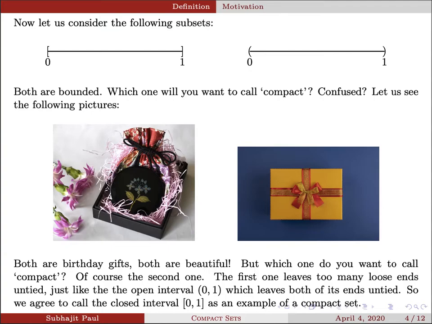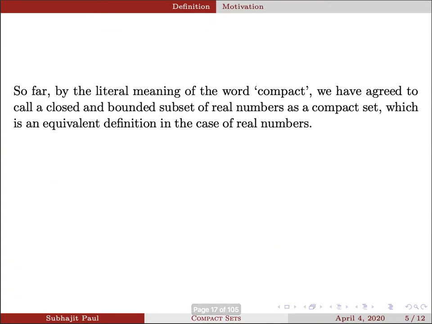So, in other words, we agree to call a compact set a closed set as well. Okay. So far, by the literal meaning of the word compact, we have agreed to call a closed and bounded subset of real numbers a compact set, which is obviously a very nice and good definition, which is an equivalent definition in the case of real numbers.